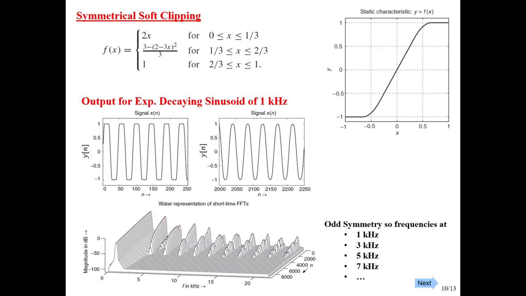We also see that because of the odd symmetry of this, we can work through the math, and it will tell us that we get only the odd harmonics. So if 1 kilohertz goes in, we get that fundamental, but then we get the odd harmonics, 3, 5, and 7, the odd multiples of that.